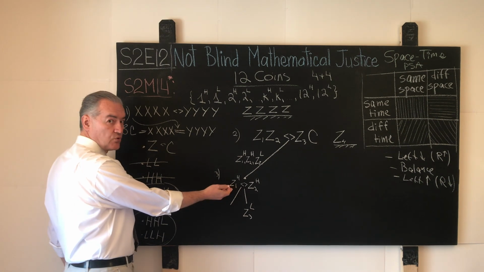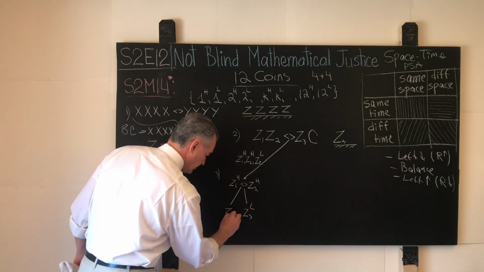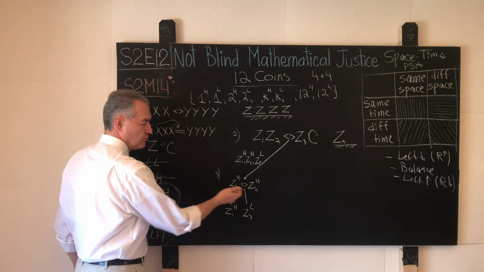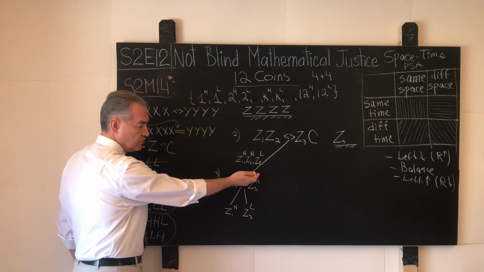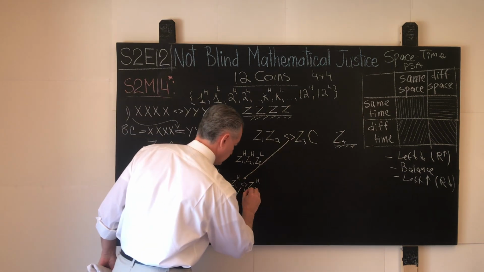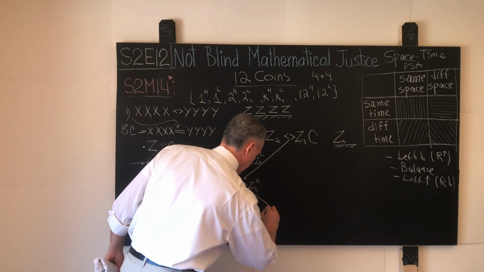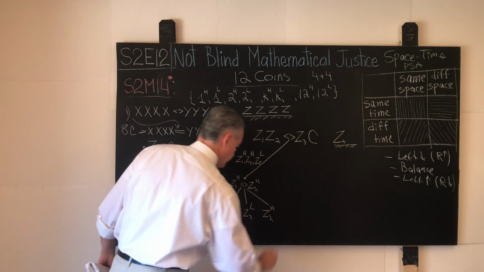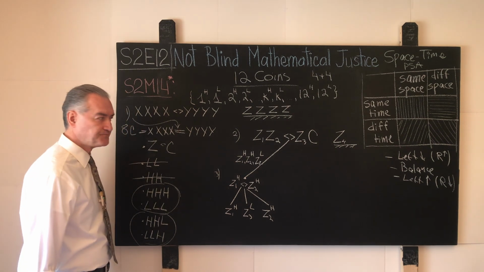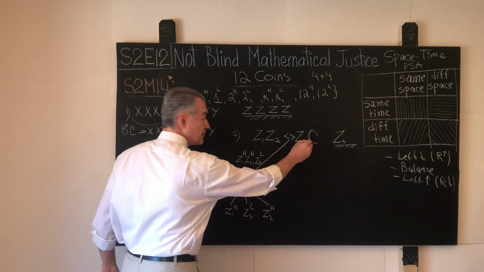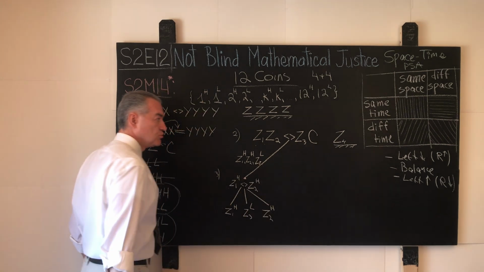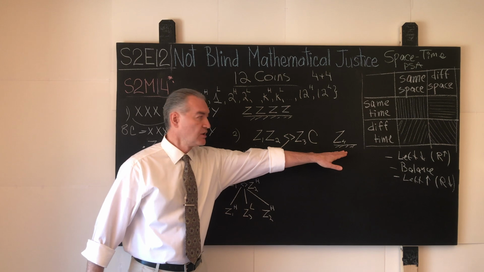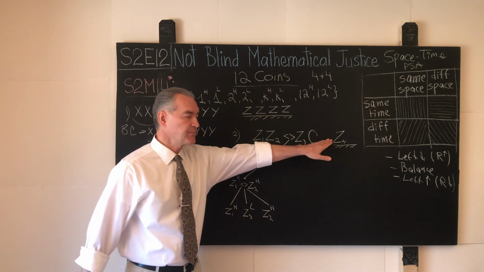Well, the fake coin is Z1 and it is heavy. And if the pan with the coin named Z2H went down, what does that mean? Well, that means that the fake coin is named Z2 and it is heavy. Problem solved. If the pans in this case do balance, and can they balance? Yes, they can, because still we have a suspect over here. Well, in this case, we have one suspect.